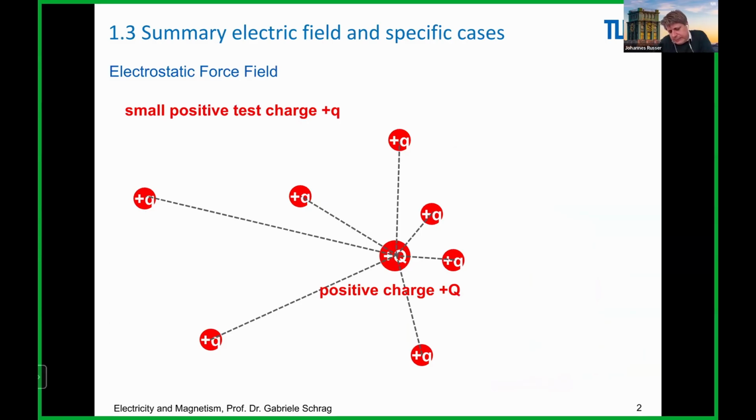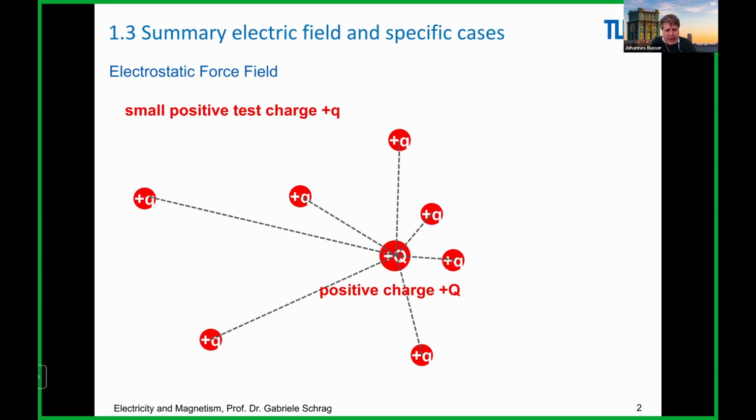This elaborates further on what we have been discussing in the previous minutes, when we were looking at the Coulomb force.